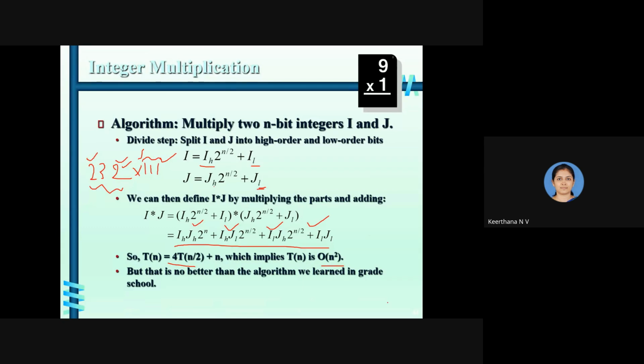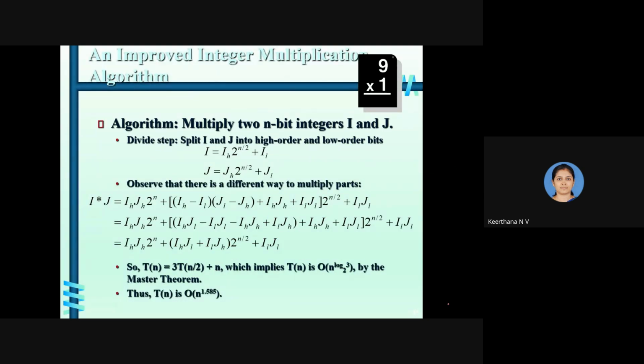But this is a very complex algorithm for multiplying two sets of integers, as it takes more time because it divides the bits into lower significant bits and higher significant bits, and after that multiplies and adds them up. That's why it is considered a very complex method for multiplying integers containing more than one bit.